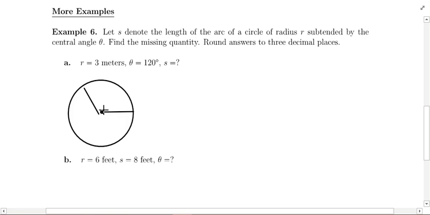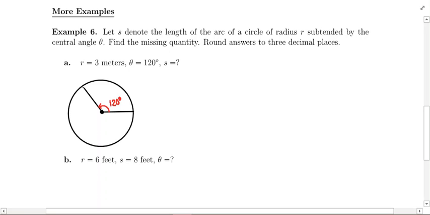All right, so here's your central angle, theta. And remember, this is a positive angle we're dealing with. So if you're going from the initial side of the central angle to the terminal side, we're moving in a counterclockwise direction. So this is going to be 120 degrees there.